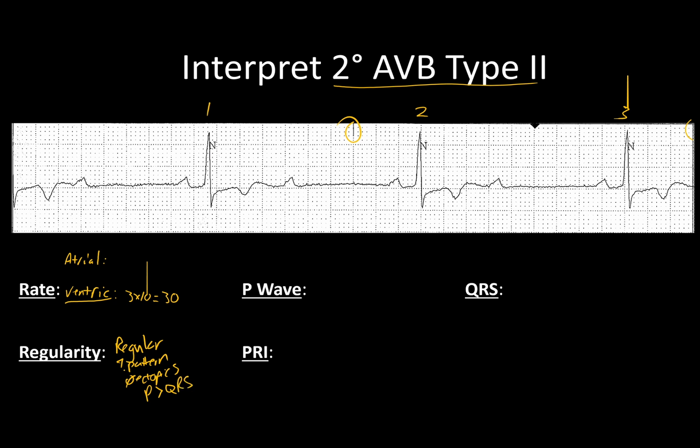And where are those P waves? Let's go ahead and mark those out, shall we? This is definitely a P wave. This is a P. And if you go backward, that one is right there. So we have 1, 2, 3, 4, 5, 6. We have 6 P waves.